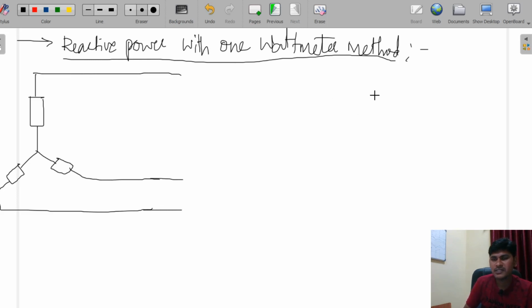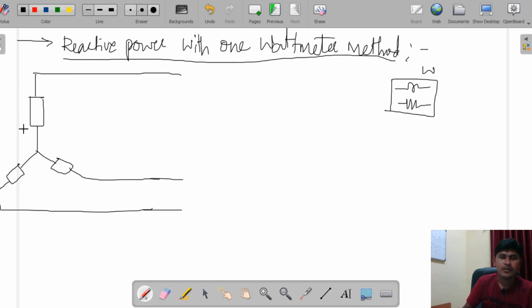One wattmeter method means you're going to have one wattmeter, one current coil and one pressure coil.